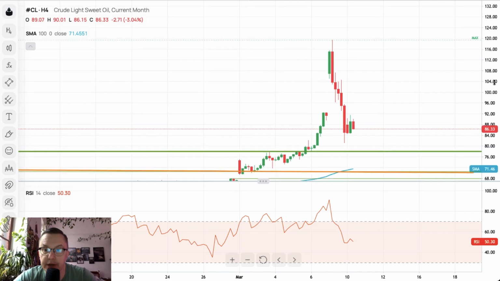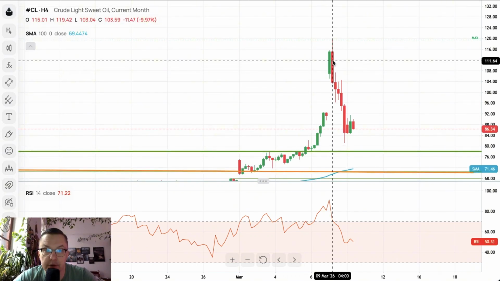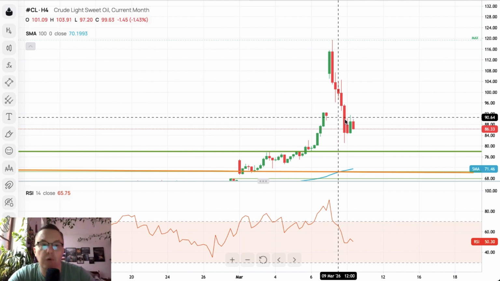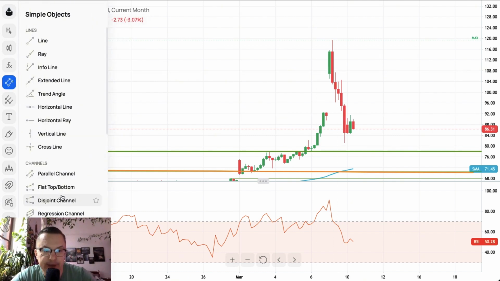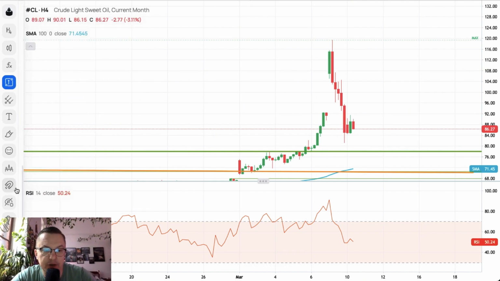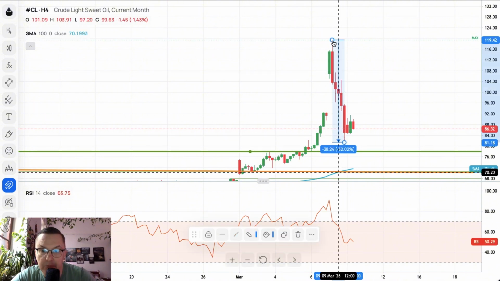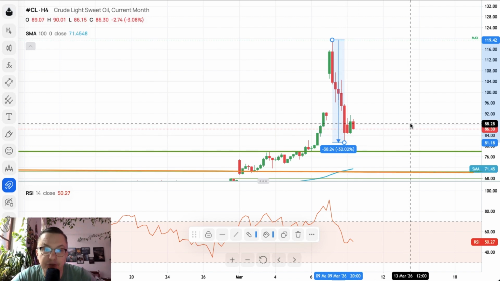Because yesterday on Monday we opened after the weekend, we hit 192 and the daily low was 81, so we dropped almost $40 per barrel. If we stick the price range tool here, from yesterday's high to yesterday's low, minus 32% is crude oil for the current month.